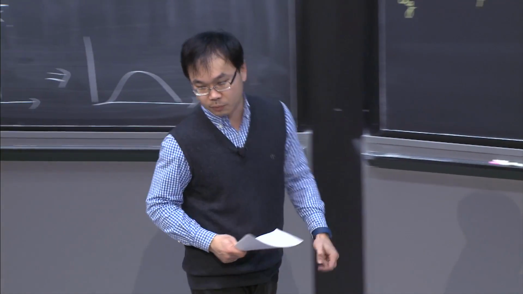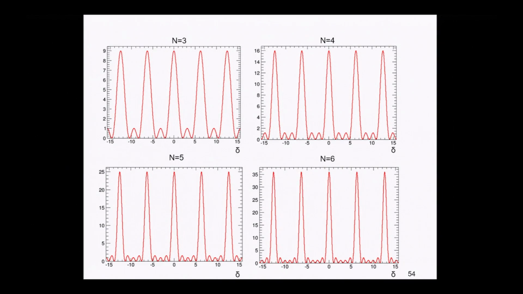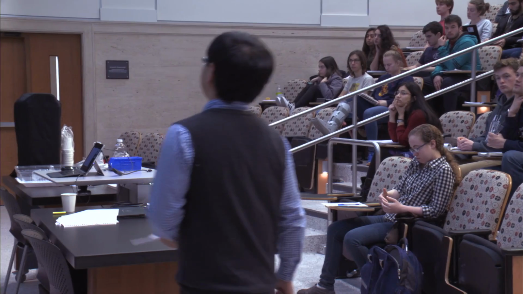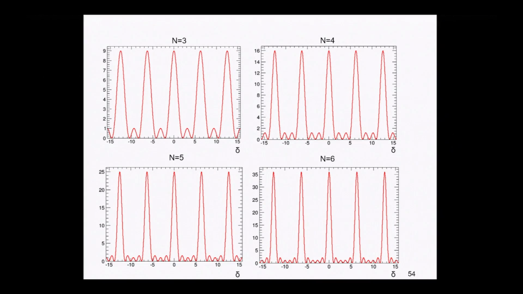On the other hand, when we start to increase the number of slits, for example, n equal to 3, n equal to 4, n equal to 5, n equal to 6, as you can see, the structure of the intensity as a function of delta, which is the phase difference, is changing. And you can see that the general structure is the following.